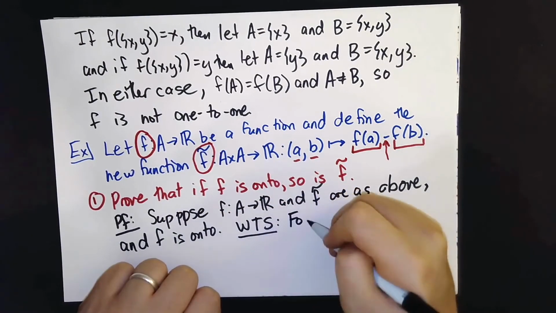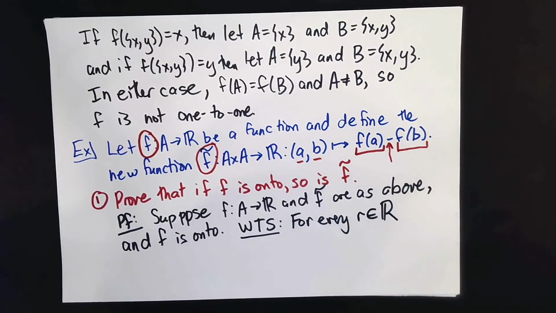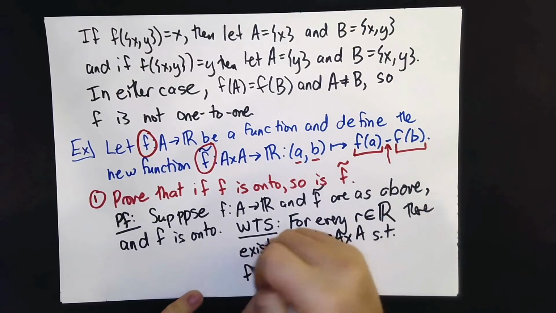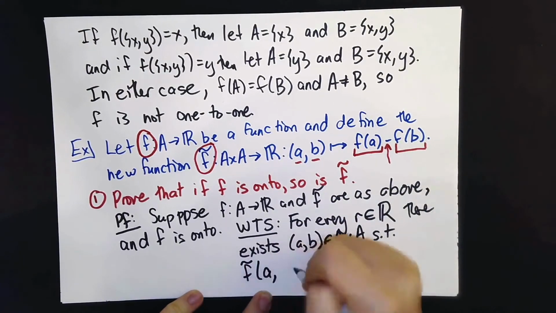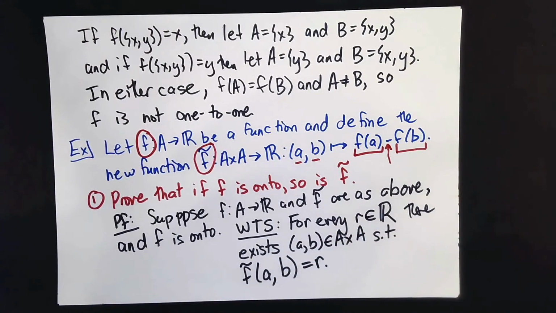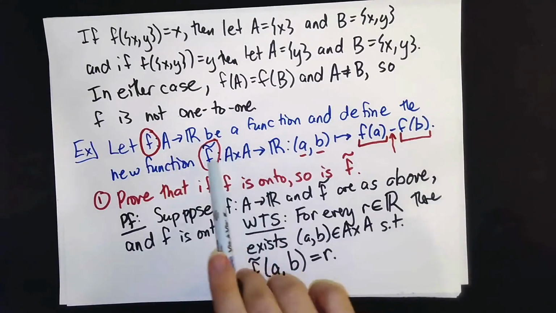We want to show that for every little r in big R, there's some element of A cross A, such that if you take f with a squiggle on top of that element of A cross A, you get r. Okay, this is just our same definition of onto as we always use, but applied now to f with a squiggle on top, which goes from A cross A to R and looks like this.